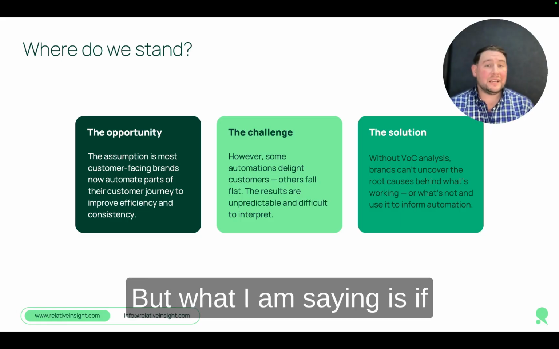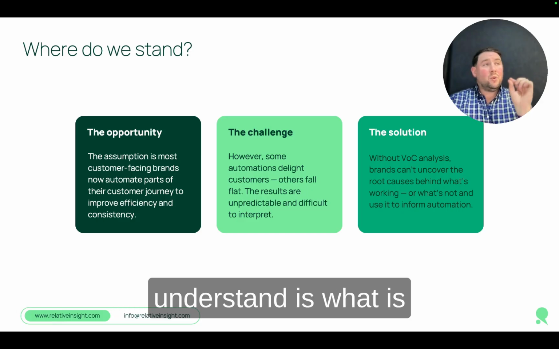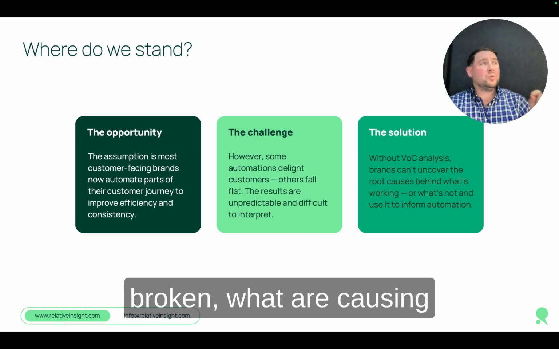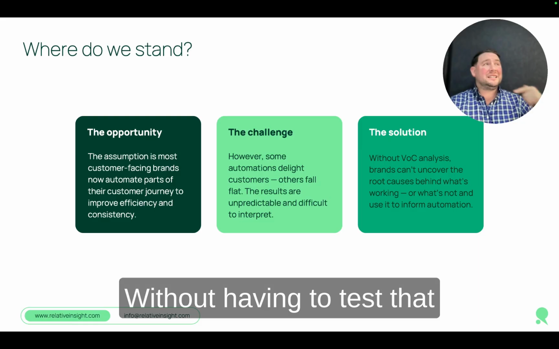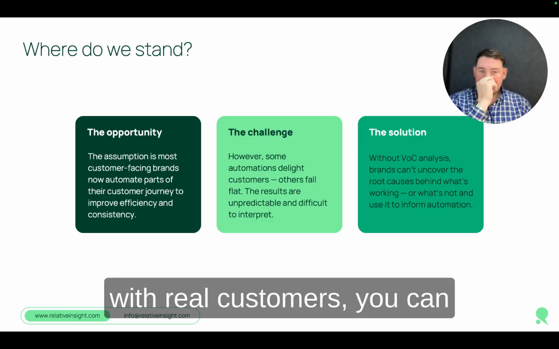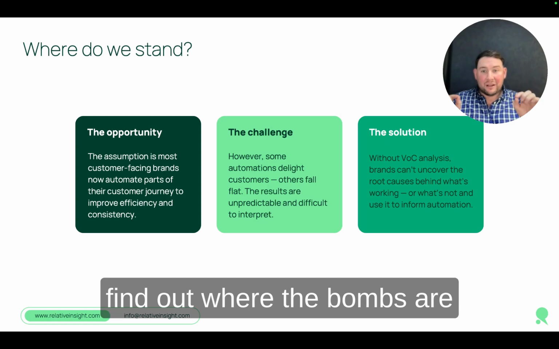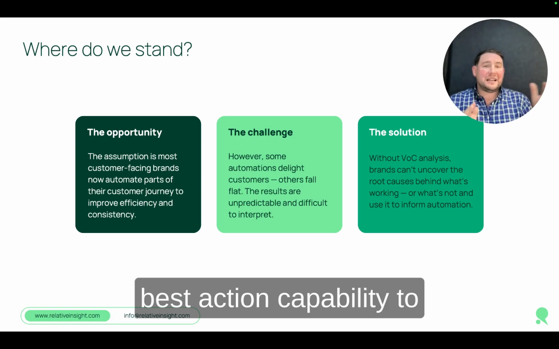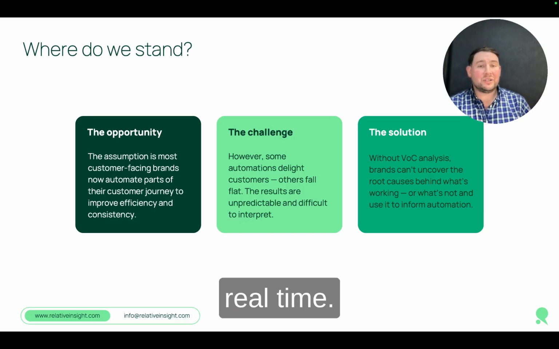But what I am saying is, if you bring analytics into that mix, then you can understand what is broken, what is causing massive frustrations in the customer journey, without having to test that with real customers. You can actually use analytics to find out where the bombs are, and then you can use next best action capability to fix those problems in almost real time.